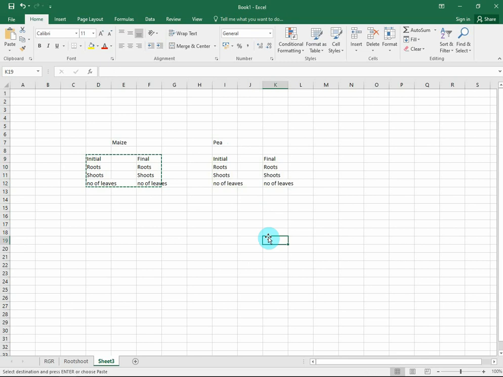So you cannot compare maize root length to pea root length. You cannot compare any of these parameters between the two species. The only thing that you can do and that you should do is, please forgive my spelling, compare root length, shoot length, number of leaves between ambient and elevated.